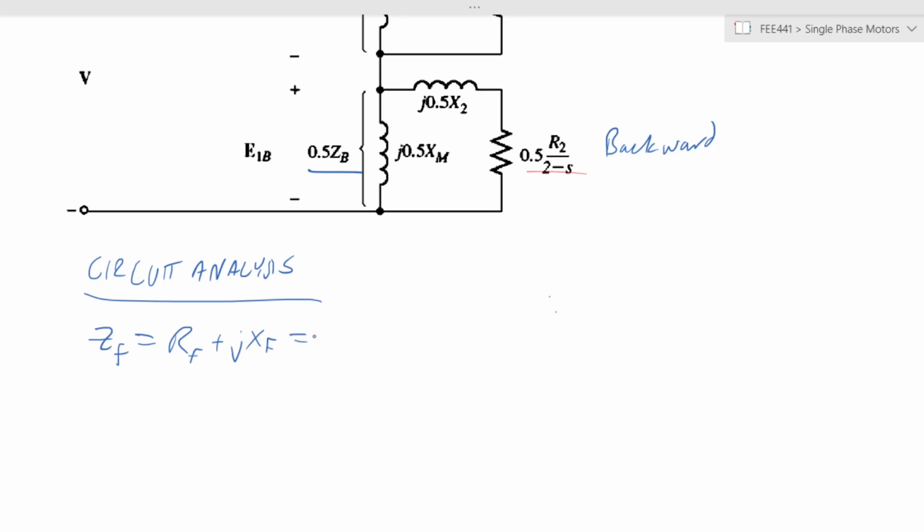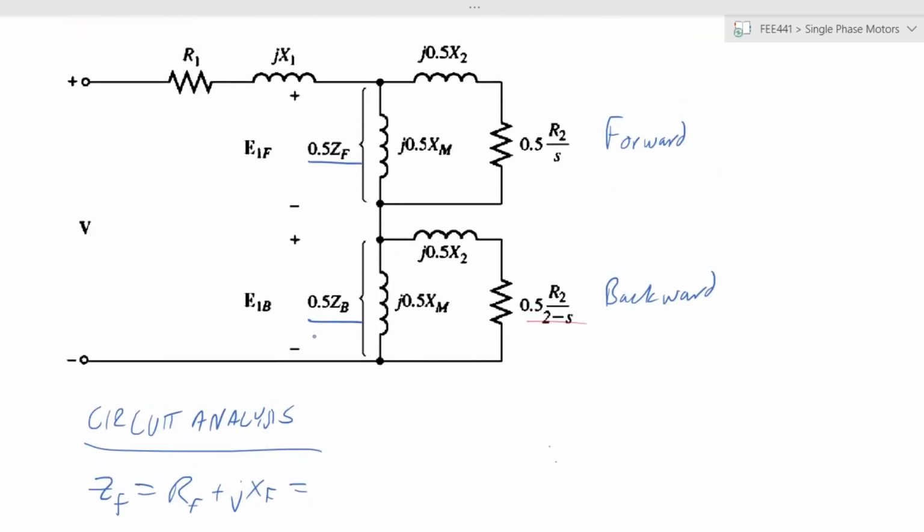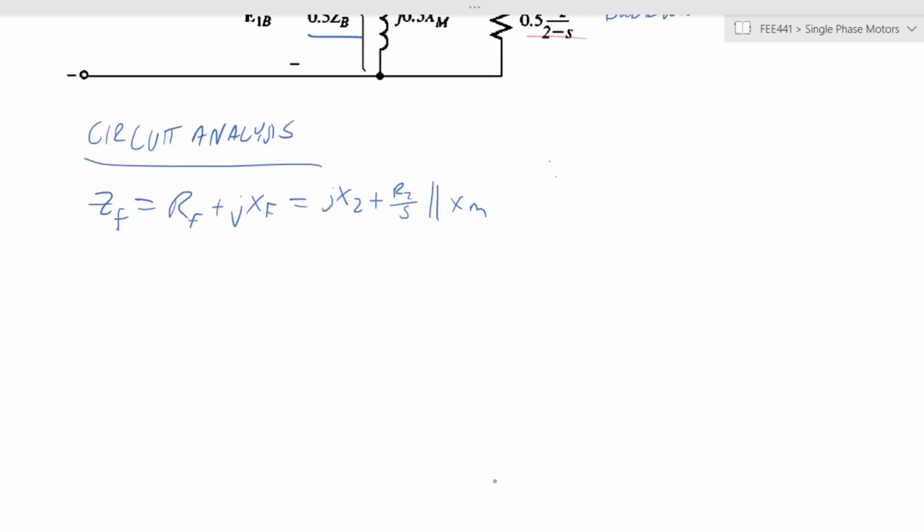And these are the equivalent of, if you look at that arm of the circuit, jX2 plus R2 over S in parallel with XM. And this can be then given as the product over the sum, which is (jX2 plus R2 over S) times XM, over the sum of all those components.